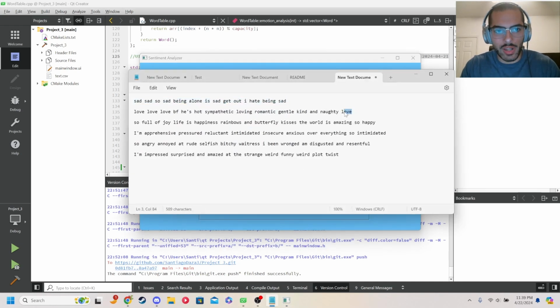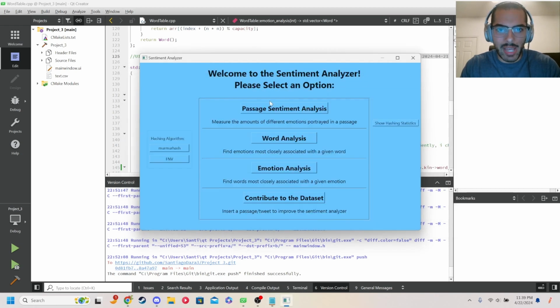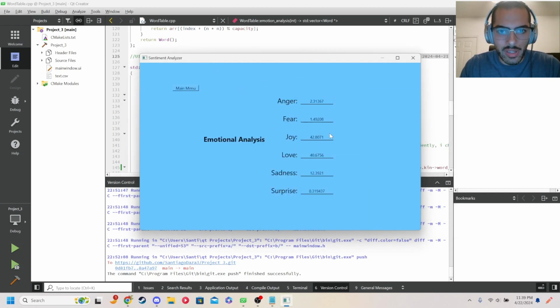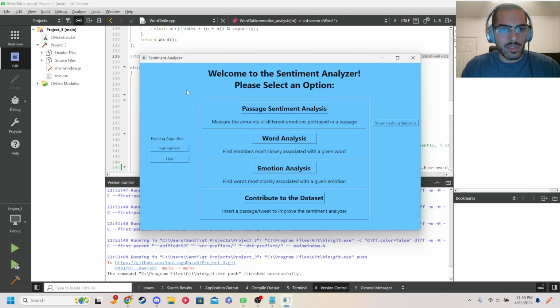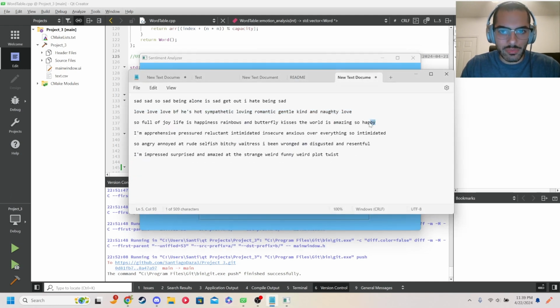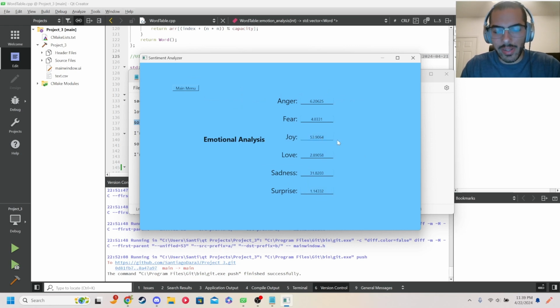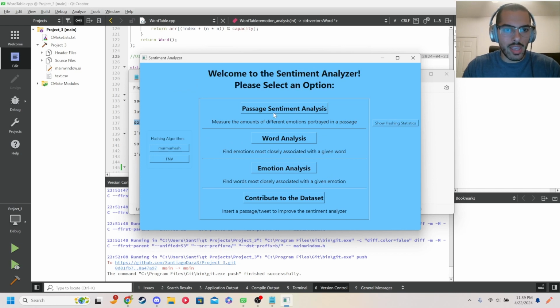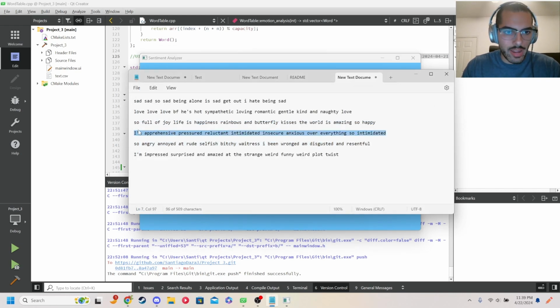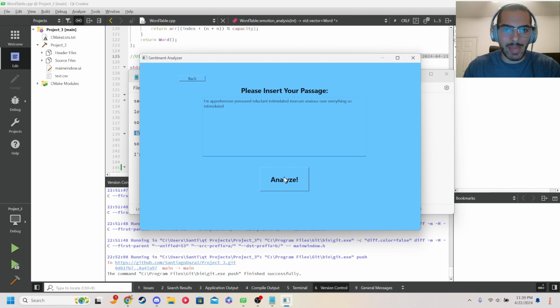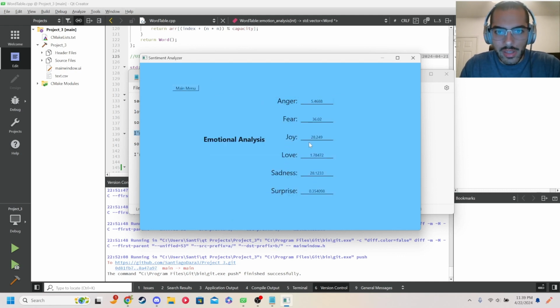And if we just move on to a passage full of love and affection, you'll see that it has a lot of joy, a lot of love, a bit of sadness, but primarily joy and love. Moving on to analyzing just a passage that is overflowing with joy, you'll see that joy is the prevailing emotion with over 53.9%. And then analyzing a very fearful, sort of apprehensive passage, you'll see that fear is the prevailing emotion with 36% there.